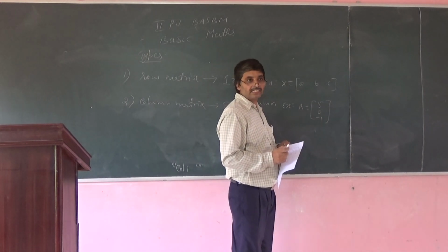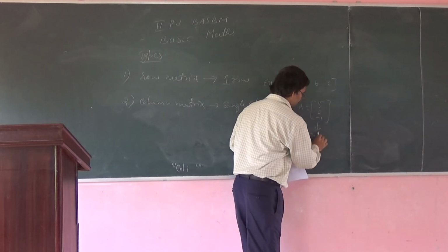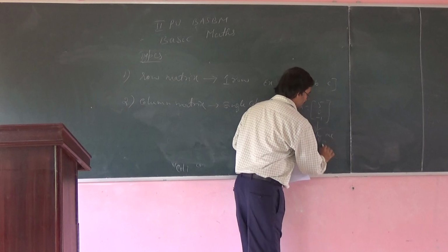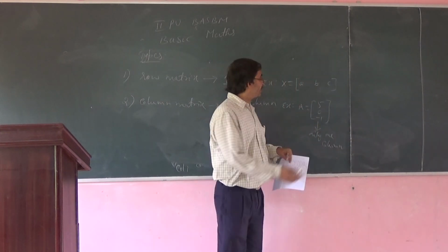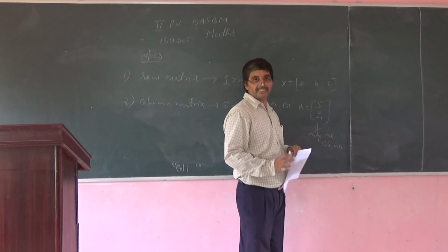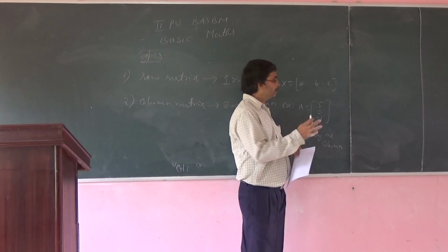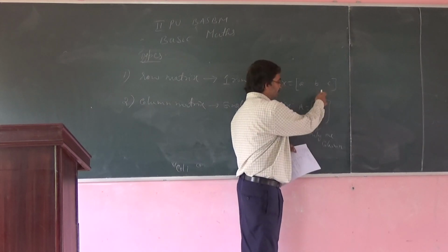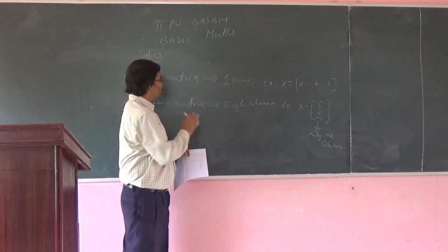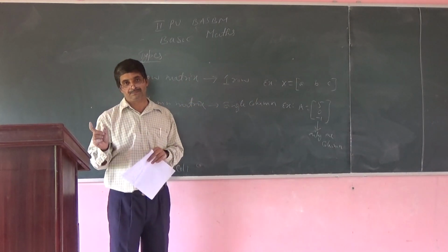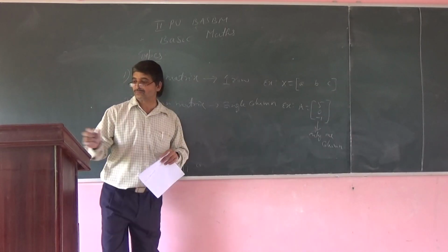We call it a column matrix. There is only one column. Of course, there are 3 rows here, but that doesn't matter. Three or four, whatever number of rows doesn't matter. What matters is how many columns are there. So the name suggests column matrix, a single column.